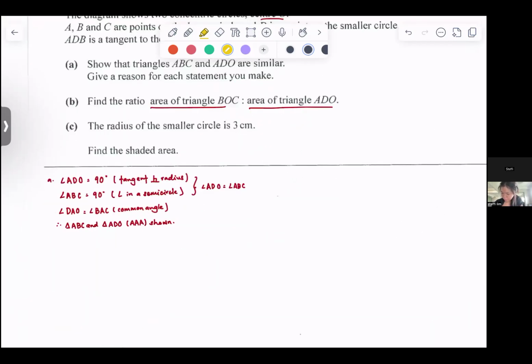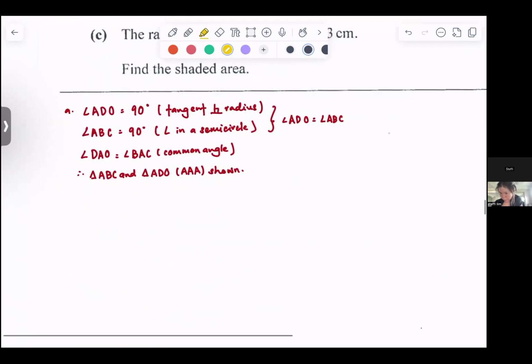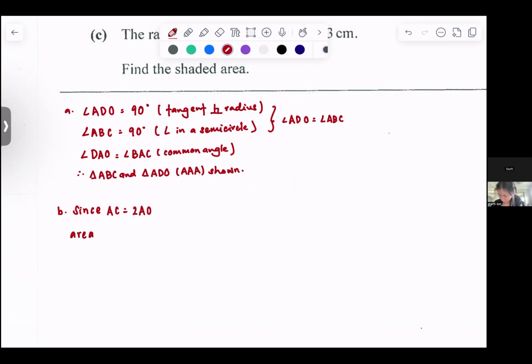So we're going to use similar lengths. Since AC equals 2AO, area ADO over area ABC, which is the big one, is 1:2 squared, so it's 1:4.